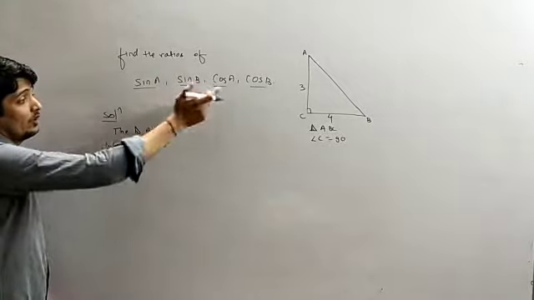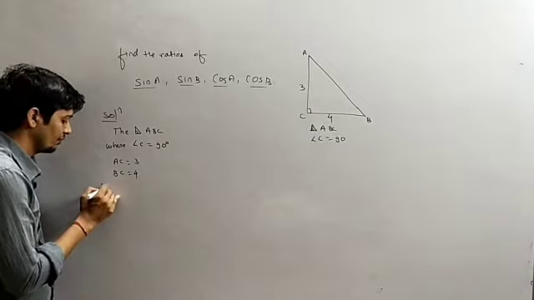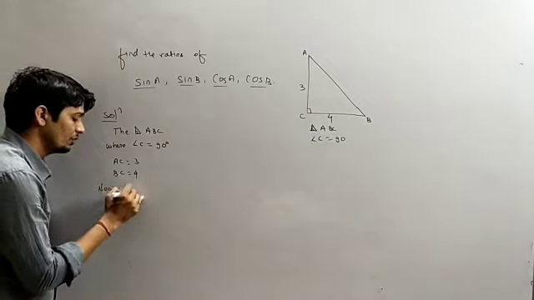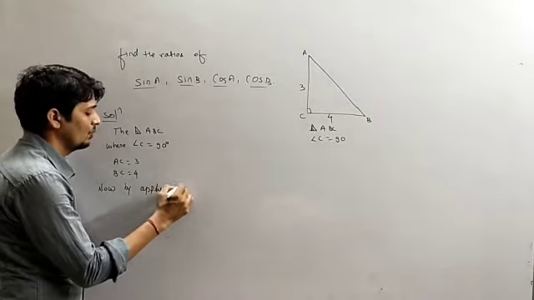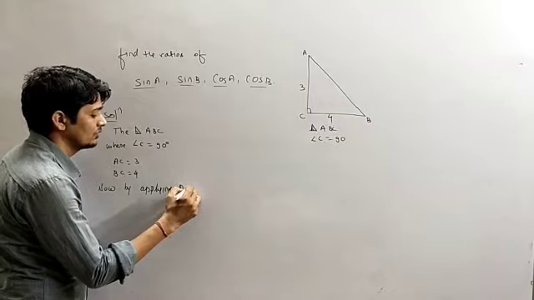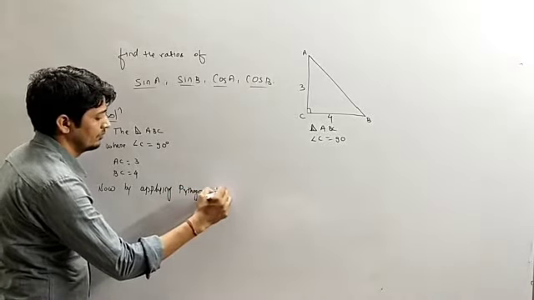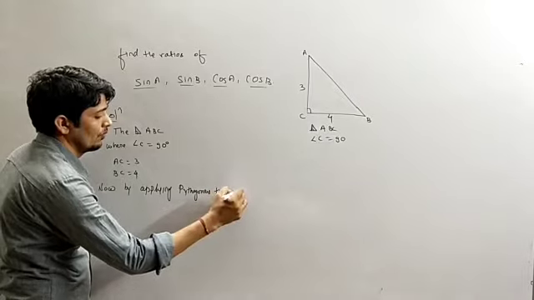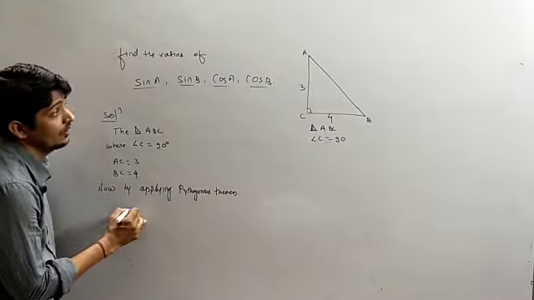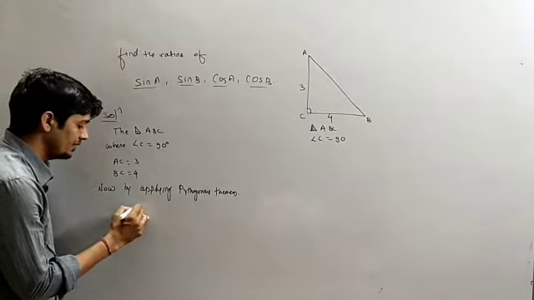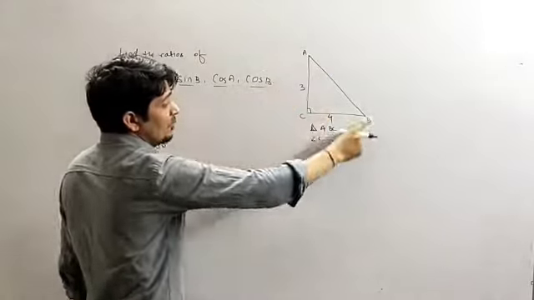So we have to find all these values. By applying the Pythagoras theorem, we have AB square, that means hypotenuse square.